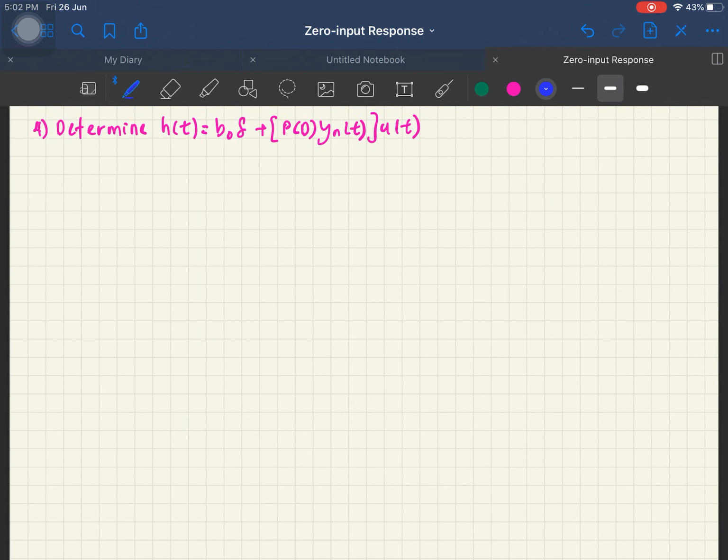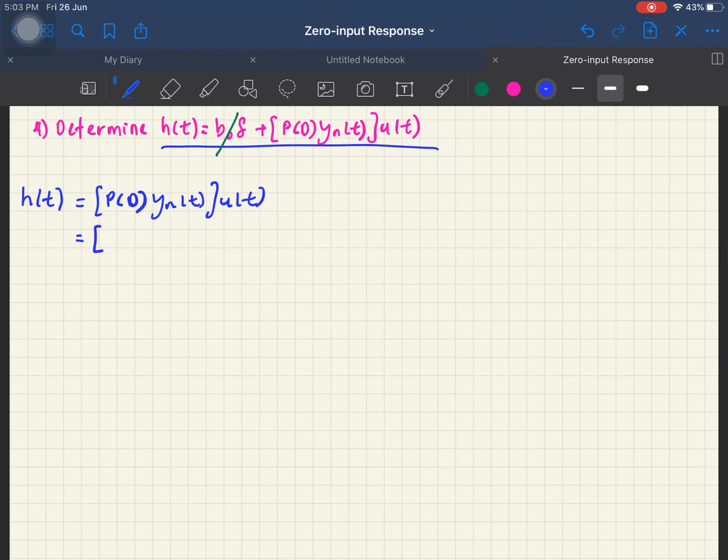Then the next step is to determine h(t) using this equation. So we can substitute because we have everything. And remember, b0 is 0. So we will have h(t) equals P(D) yn(t) u(t), which P(D) we obtained from step number 2, equals (2D plus 9) yn(t) u(t).